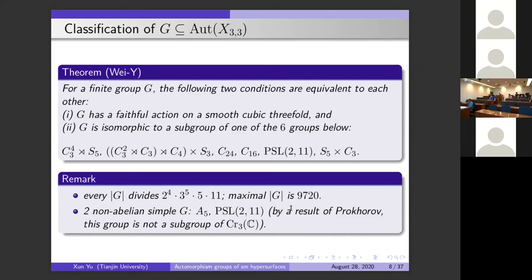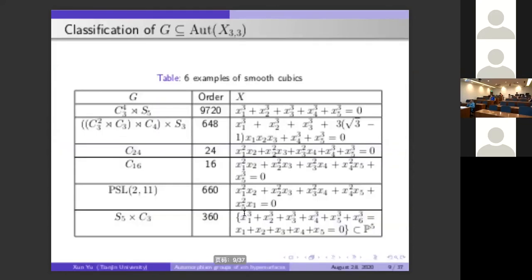So it's kind of an explanation of the non-rationality of this cubic threefold, the Klein cubic threefold on which PSL_2(11) acts. Of course, we know by the result of Clemens-Griffiths that every smooth cubic threefold is not rational.